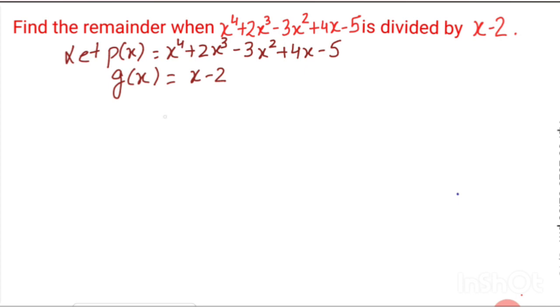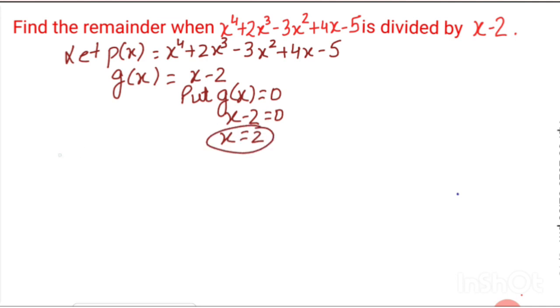Now how can we obtain the zero of g(x)? Put g(x) equals 0. So on putting g(x) equals 0, that is x minus 2 equals 0, the value of x is equal to 2. Okay, so the remainder will be equal to the value of this polynomial at x equals 2.